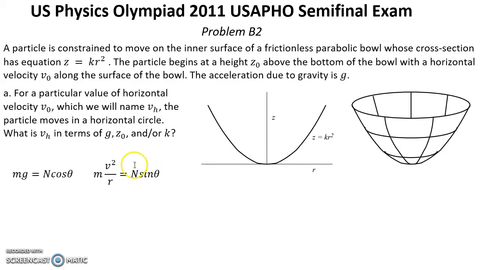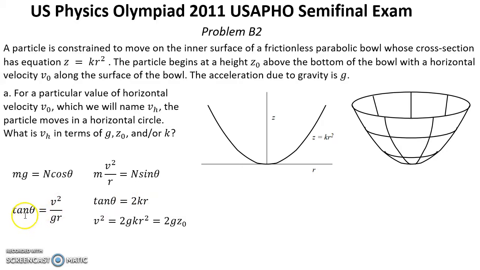Now we can divide this equation by this equation, and we have tangent theta equal v squared over gr. But on the other hand, we can find this tangent by taking the first derivative of z by r. That will be tangent theta equal 2kr.